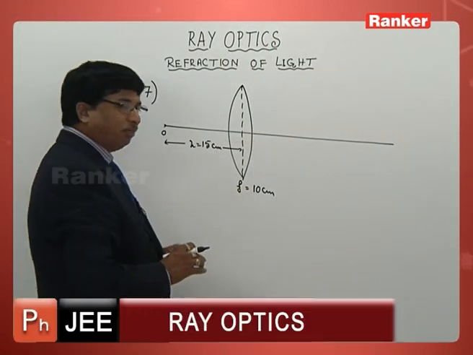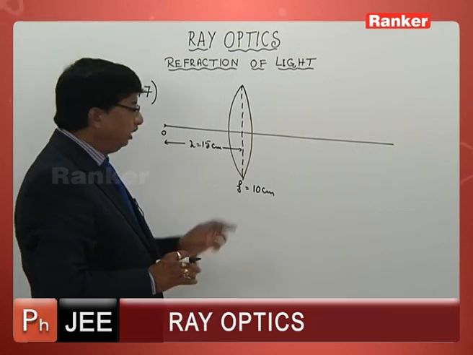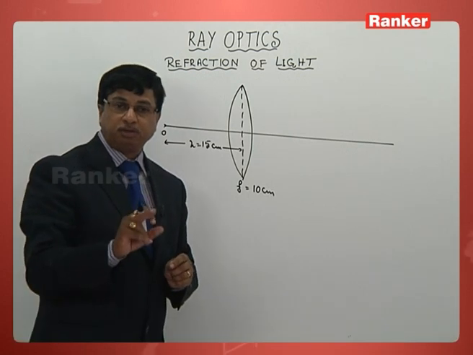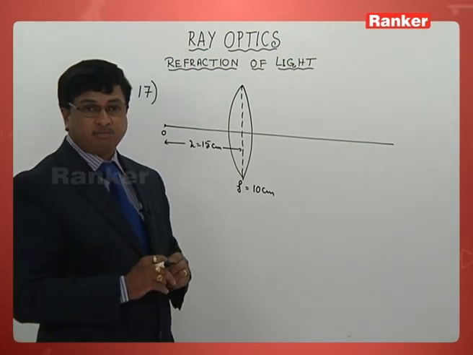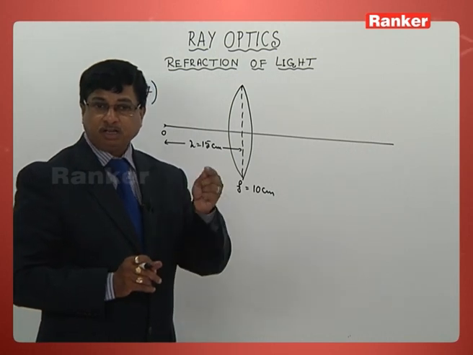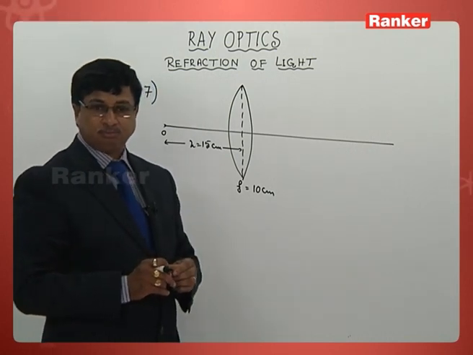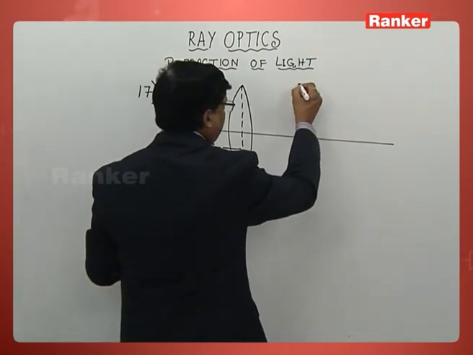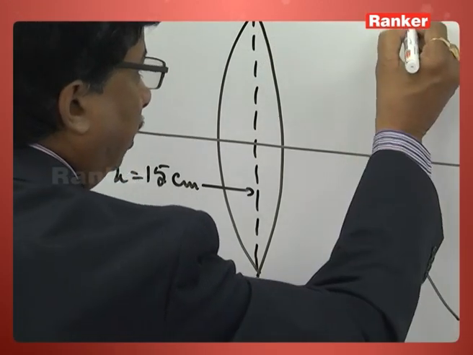And what else has he given you? He has kept a convex mirror. Where it is kept, try to understand from the problem carefully. It is placed at its focus. This is the convex mirror that we are having now.